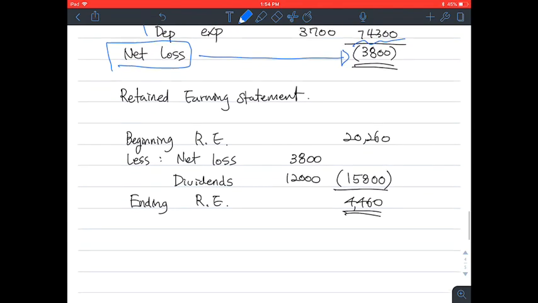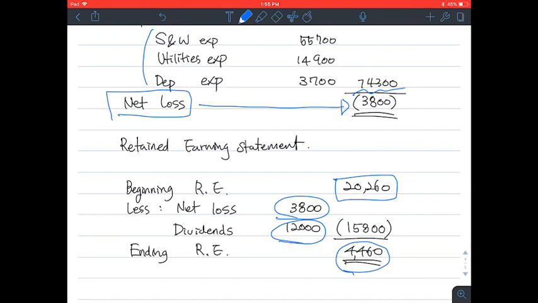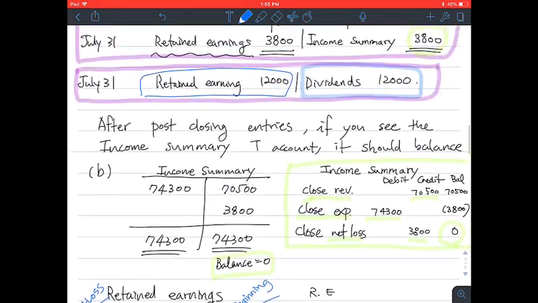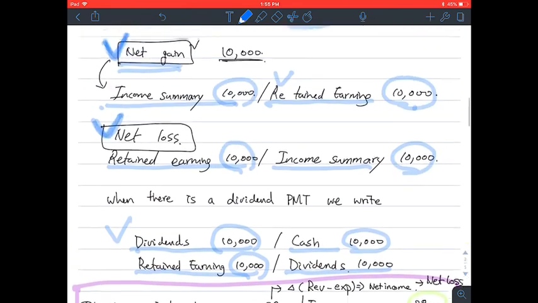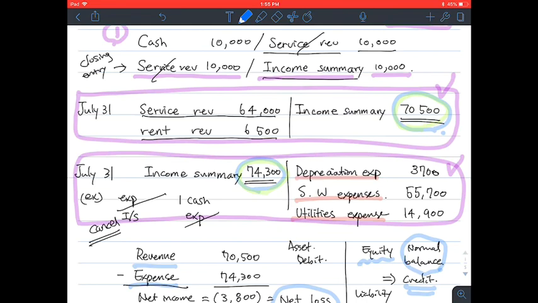Then let's look at the retained earnings statement. Beginning retained earnings 20,260, net loss 3,800, dividends 12,000, and it will give us ending retained earnings of 4,460.